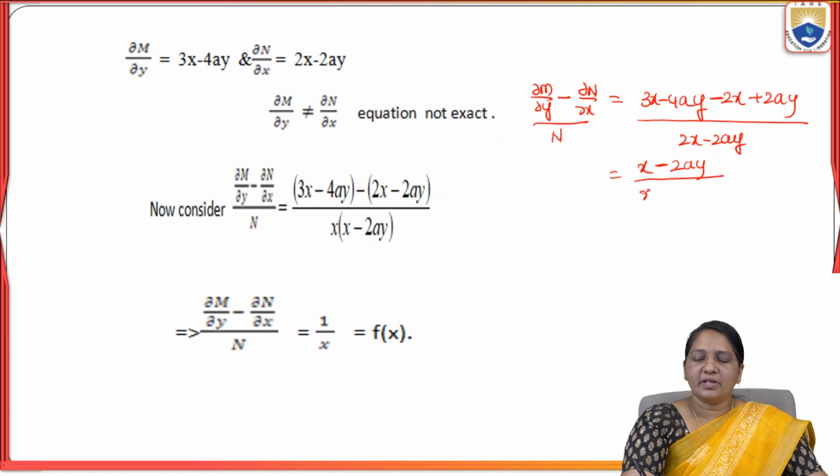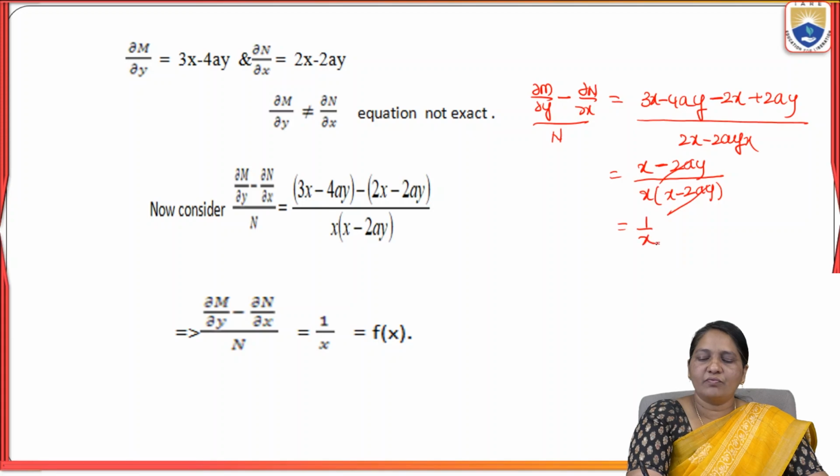So we get x minus 2ay. Taking x common in the denominator, we get x times (x minus 2ay). Now x minus 2ay will be cancelled, so finally I will get 1 by x.